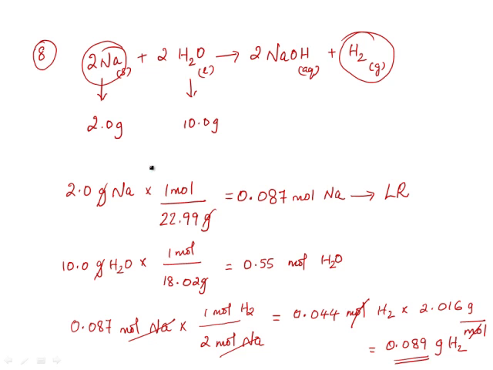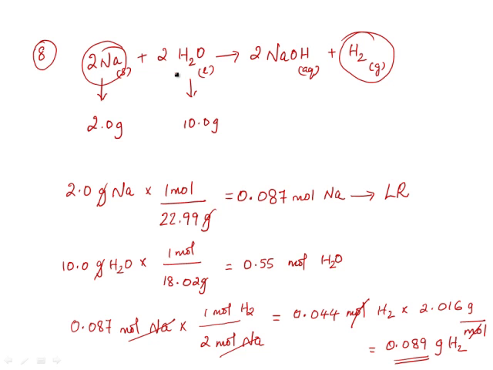So steps one more time. With both reactant masses, the first step is converting them to number of moles. Then looking at the mole ratio between the reactants, figure out which one is in excess, which one is limiting. Once you identify the limiting reactant, the number of moles of limiting reactant determines how much product will form.